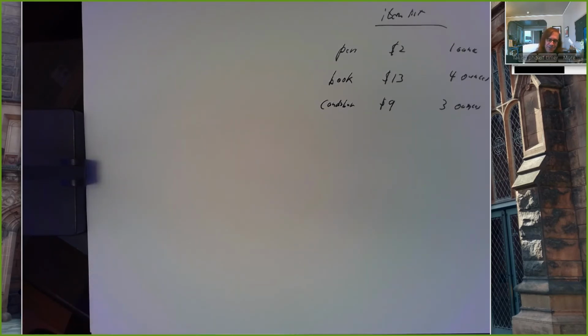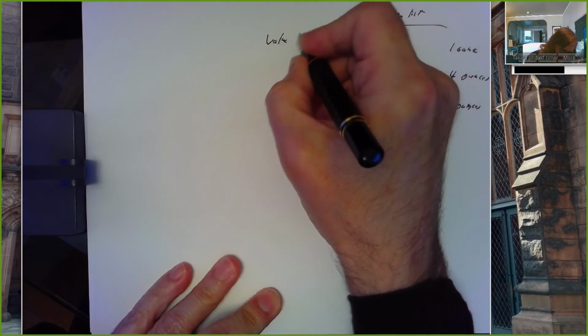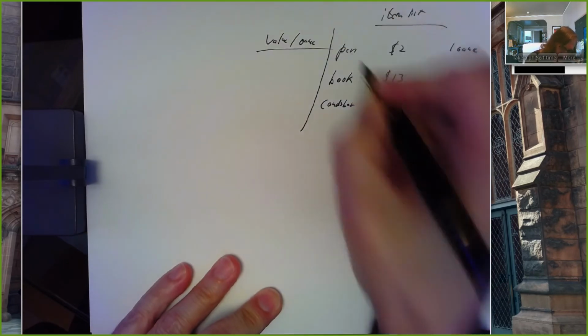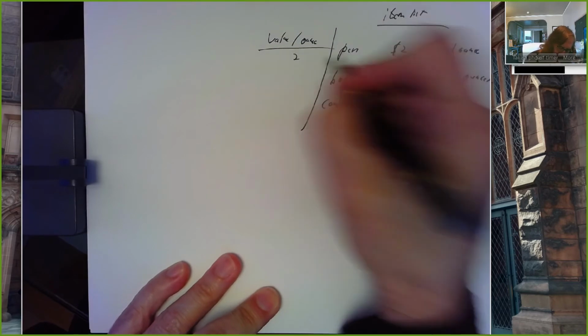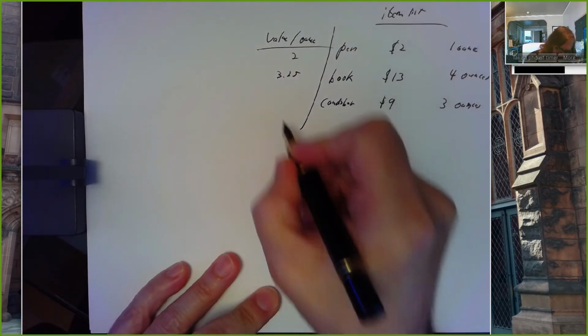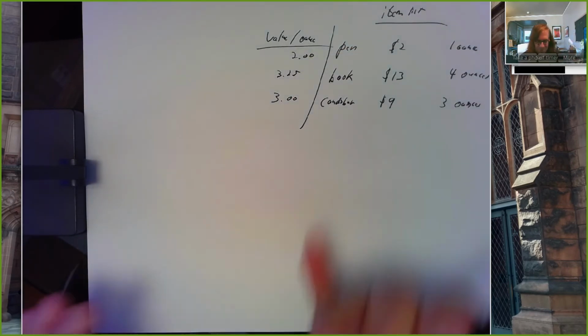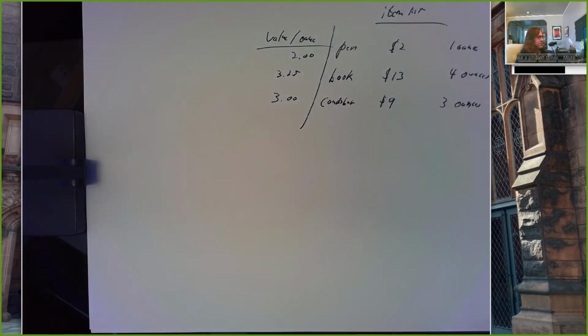So we could look at value per ounce. The pen is worth $2 an ounce, the book is worth $3.25 an ounce, and the candy bar is worth $3 an ounce. So the most valuable item in the store is the book. So start taking books.